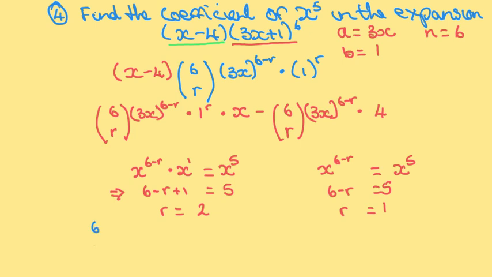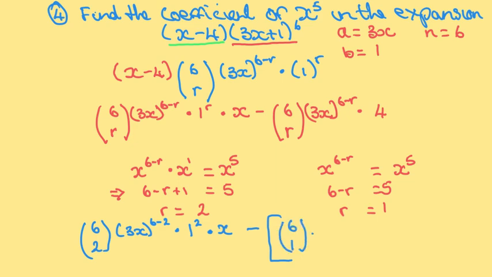Now you can substitute our two values for r. So we get 6 choose 2 times 3x to the power of 6 minus 2 times 1 to the power of 2 times x, minus, let's put all this in one big bracket so we don't make a mistake, 6 choose 1, 3x to the 6 minus 1 times 4.